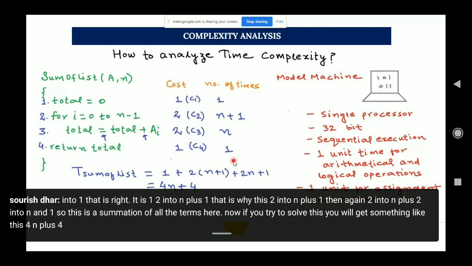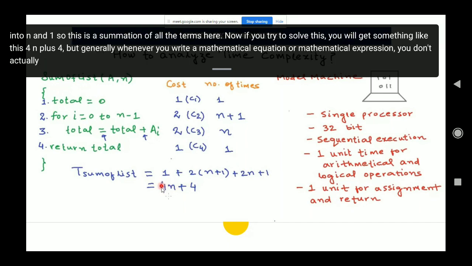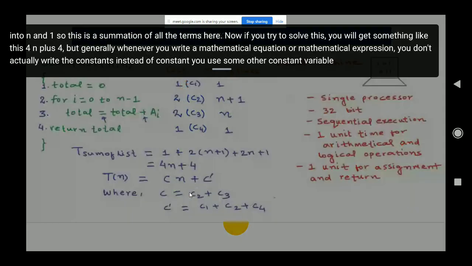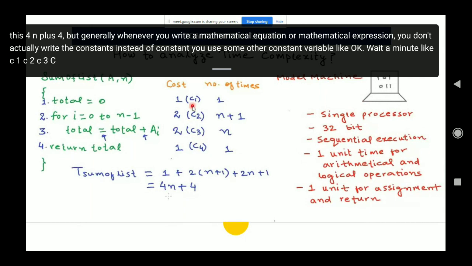But generally, whenever you write a mathematical expression, you don't actually write the constants. Instead of constants, you use constant variables like C1, C2, C3, C4. Let's suppose this constant is C1, this is C2, this is C3, C4.